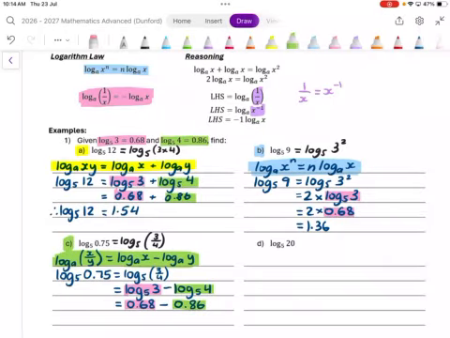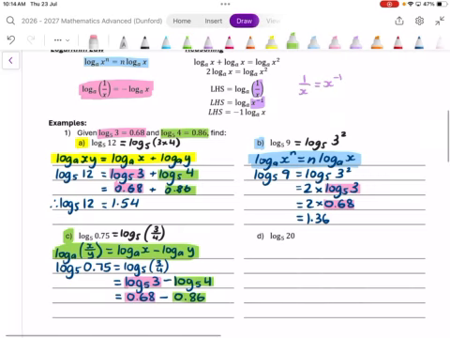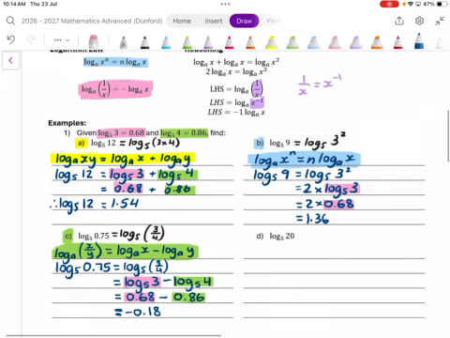So when we put this into our calculator and we subtract our decimals, we get our answer to be negative 0.18. Just rewrite that. Okay.